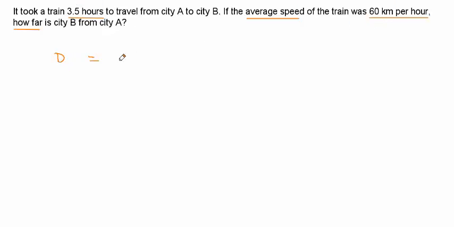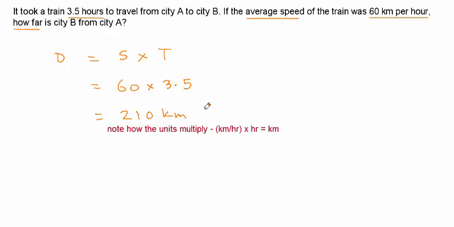Well, we know the formula, distance is equal to speed multiplied with time. We have the speed, that's 60 kilometers every hour, and if it kept doing that for 3.5 hours, it would be able to cover a distance of 60 times 3.5, which is 210 kilometers. So the distance between the two cities is 210 kilometers.